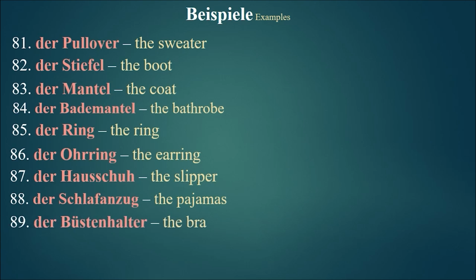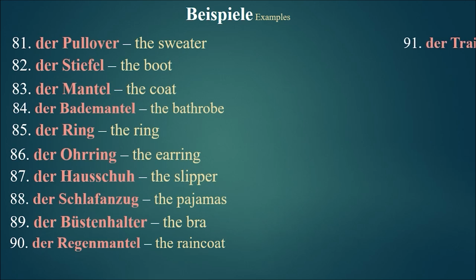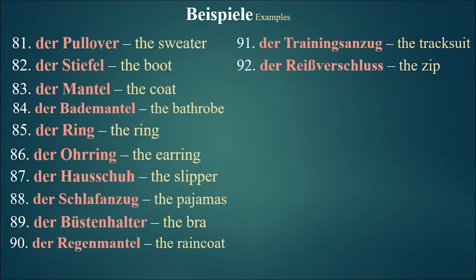Der Büstenhalter, the bra. 90. Der Regenmantel, the raincoat. 91. Der Trainingsanzug, the tracksuit. 92. Der Reißverschluss, the zip. 93. Der Schleier, the veil.